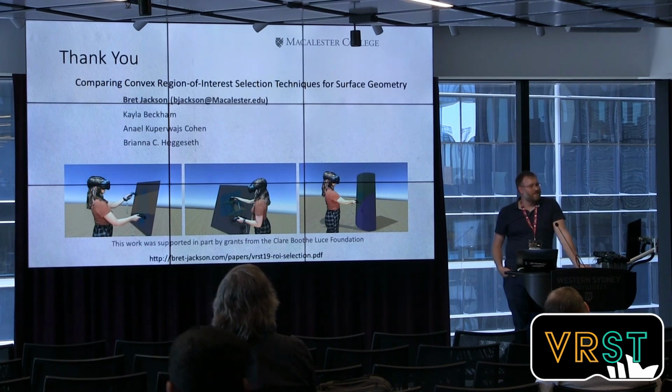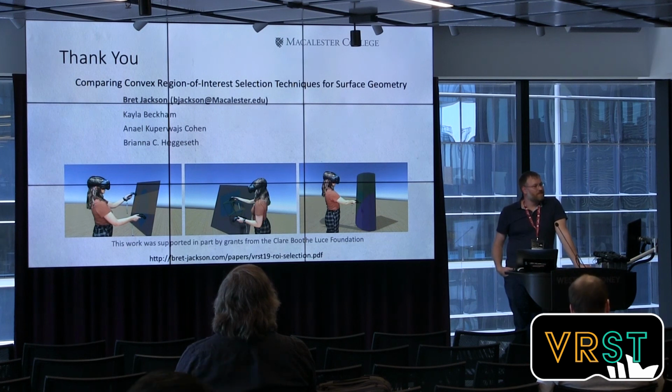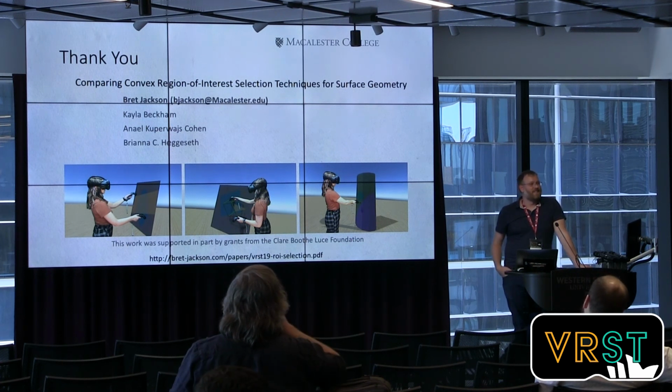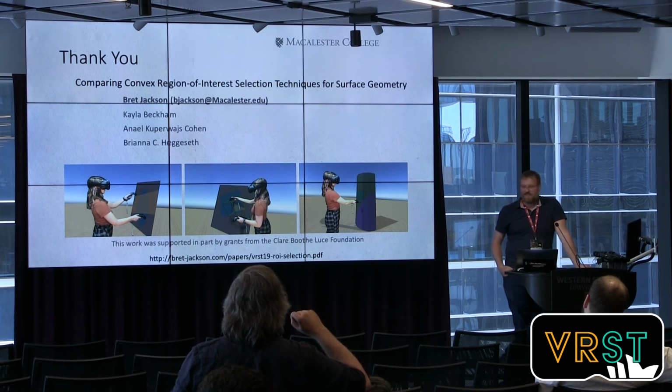Mm-hmm. And that leads me to think that maybe one way to test your method, that would also perhaps deal with the fact that you don't want to cut into the selection set, would be to have a region in which the selection is supposed to lie. Uh-huh. Yeah, that would be interesting.